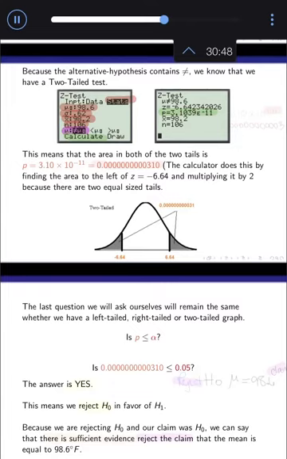But if you keep reading, there's an e to the negative 11th, which means that this is actually in scientific notation. This means that we actually have a p-value of 3.10 times 10 to the negative 11th. What does that mean as a normal number?